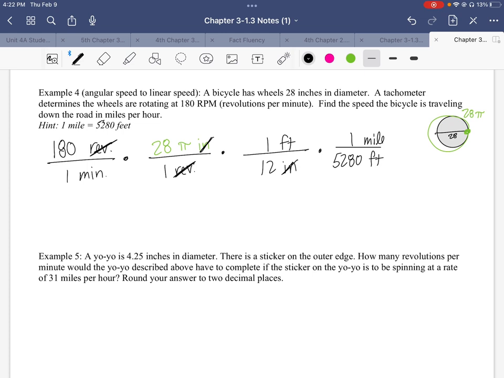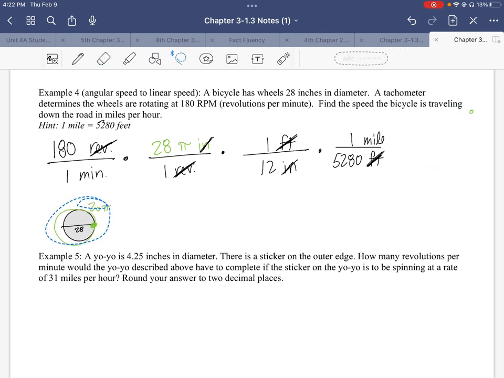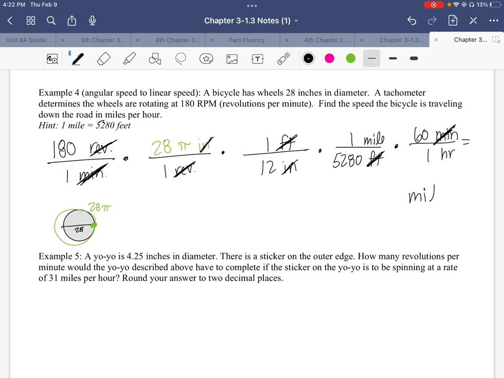So now I've got myself down to miles per minute, but again, I don't want miles per minute, right? I want miles per hour. So I also need to adjust for that. We have minutes on the bottom, so to get rid of this one, I actually need it on the top. And of course there's 60 minutes per 1 hour. And then our minutes can cancel here. And then our units that we're going to end up with are indeed miles per hour. And all we have to do is figure out the numbers now.